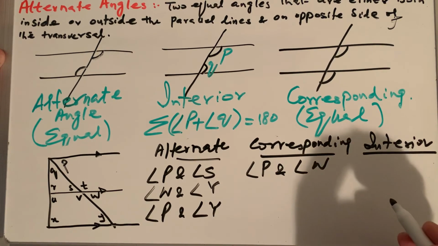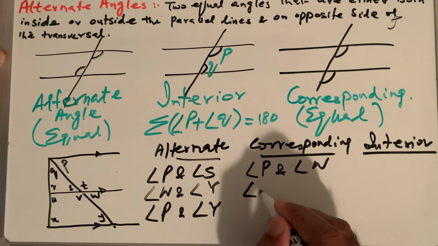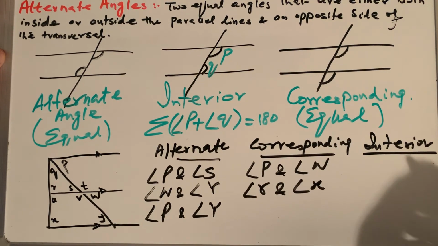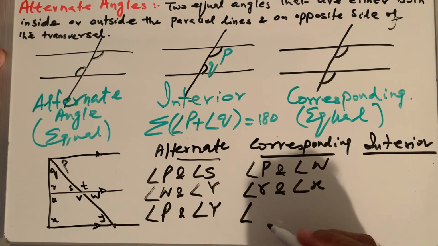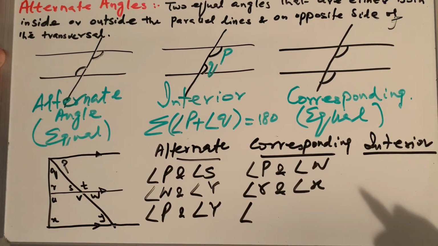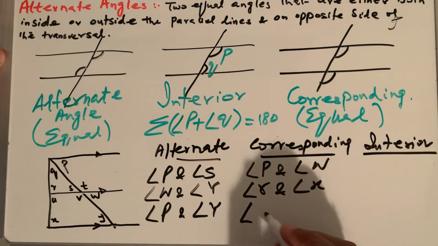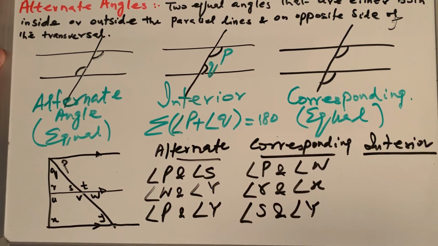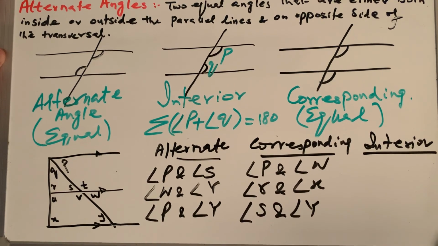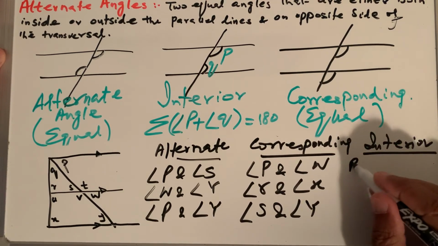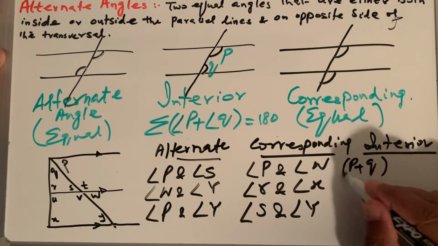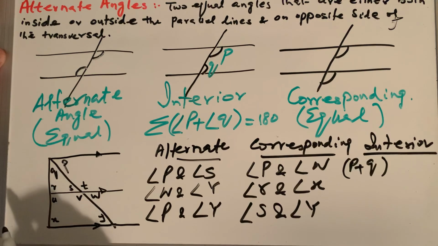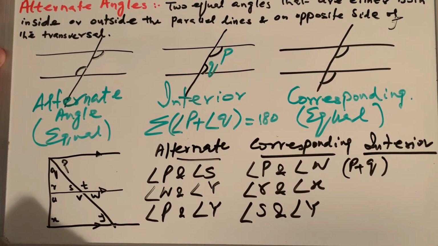Let's try angle R and angle X. And let me check one more for you: S and Y. S and Y is a corresponding angle pair, right? For interior angles, what is P plus Q equal to? You can see here, P plus Q is 90 degrees. So what is its interior angle equal to?